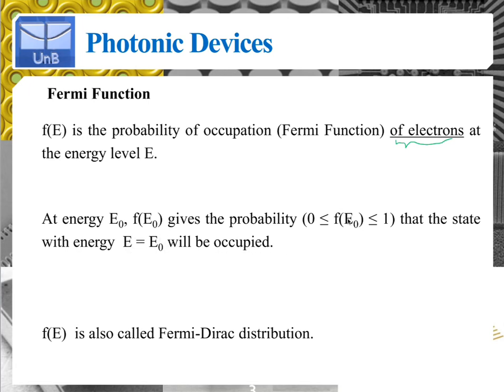So this probability can range from 0, which is 0% chance of occupation, up to 1, which is 100% probability of occupation, with everything in between. So let's say if F of E is 1/2, as we saw, this would correspond to a 50% chance of occupation. If it's 0.25, it's 25% probability of occupation, okay? And finally, F of E is also called the Fermi-Dirac distribution.